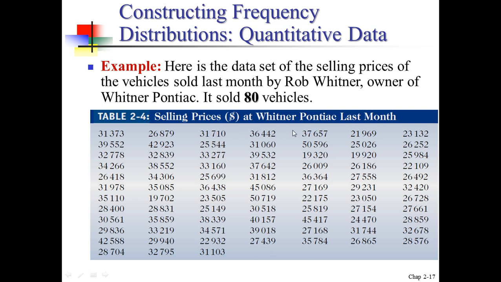Because these are numbers, this is a quantitative data set with a total of 80 selling prices from 80 cars sold last month, because each car was sold at its own price. So there are 80 cars. What we get here is n. For this data set, n is 80.